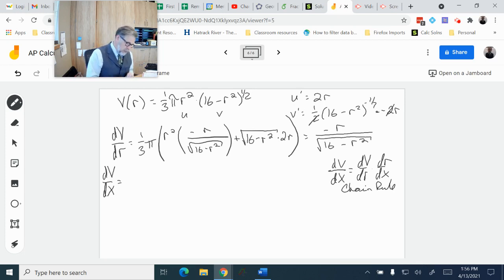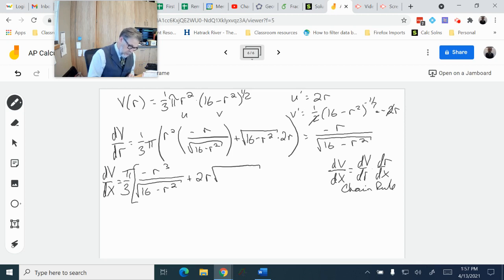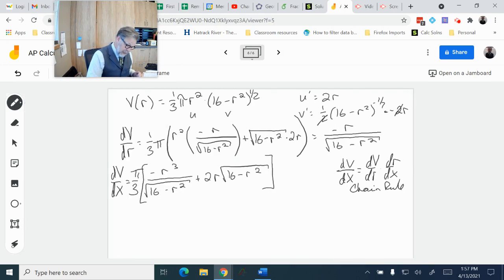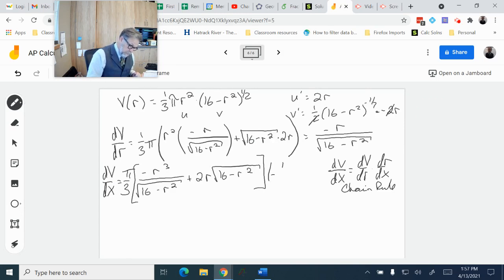The derivative of v with respect to x is, I'll do some simplifying, 1/3 pi, or pi over 3, times -r cubed over the square root of 16 minus r squared, plus 2r times the square root of 16 minus r squared, times the derivative of r with respect to x, and looking back, I see that that's just -1 over 2 pi.